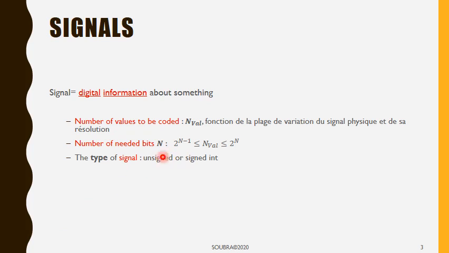So let's start with the unsigned ints. An unsigned integer will be representing values with a minimum value of 0 to whatever maximum value we can get with the n bits. Fair enough? What would change with the signed ints? Well, instead of going from 0 to n, we will go between two values.